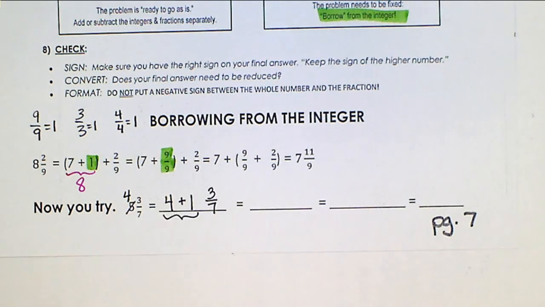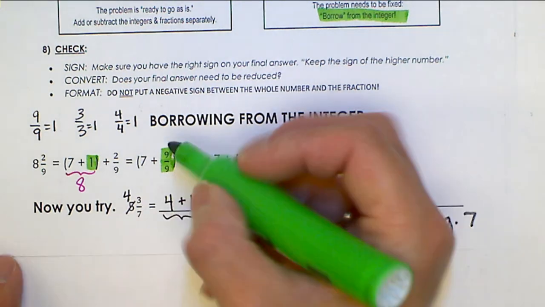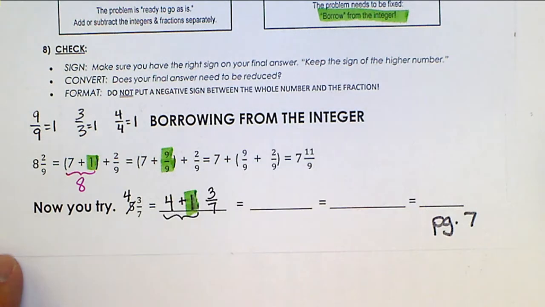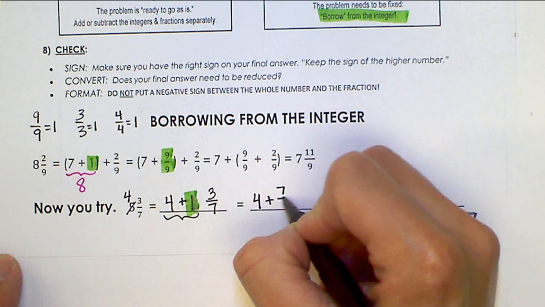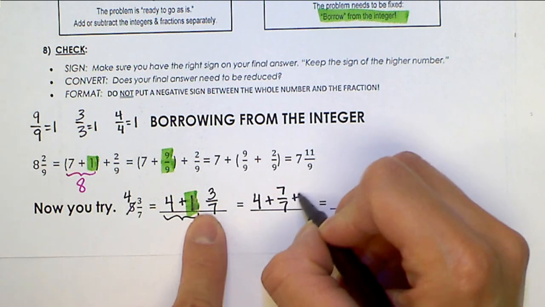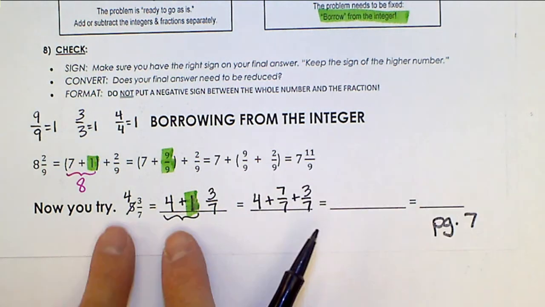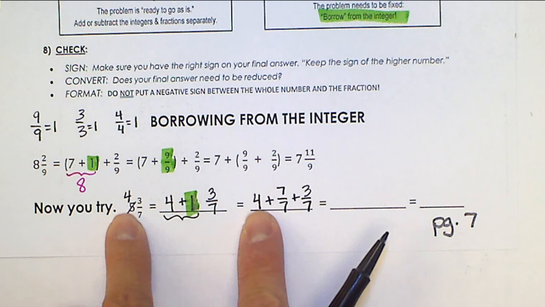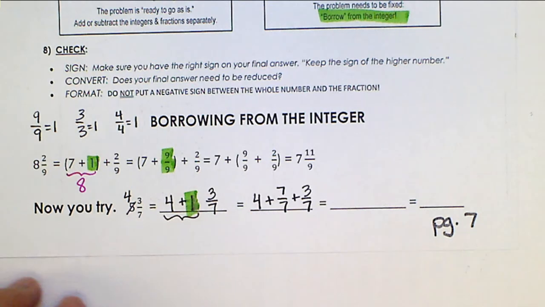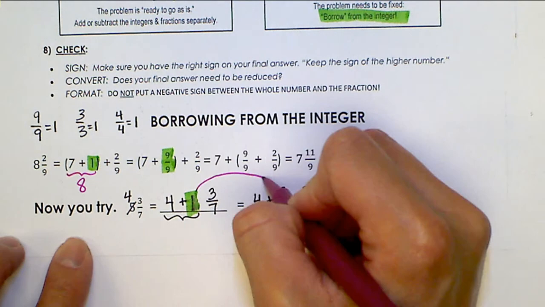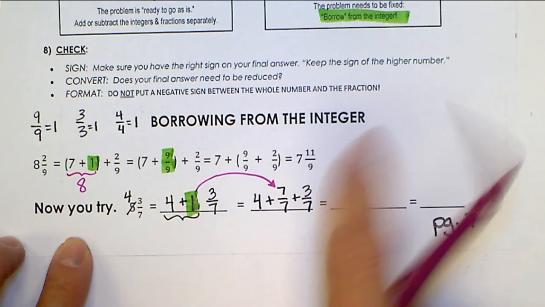What I'm doing is borrowing 1 from the 5, so I'm making it a 4, and I'm borrowing the 1. This 1 right here, I'm going to change that to 7 over 7, and then I still have my fraction, 3/7. So what I've done is I've taken my 5, I've borrowed 1 from the 5 to make it a 4, and I've turned my 1 into a fraction that is going to be helpful.